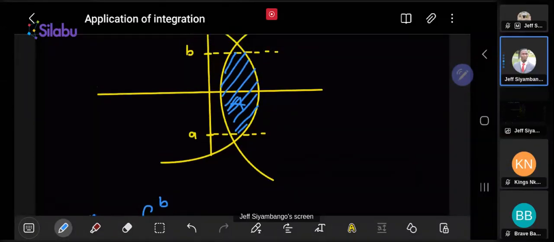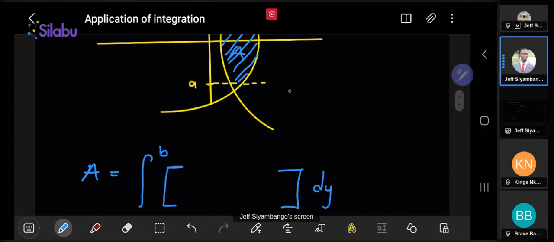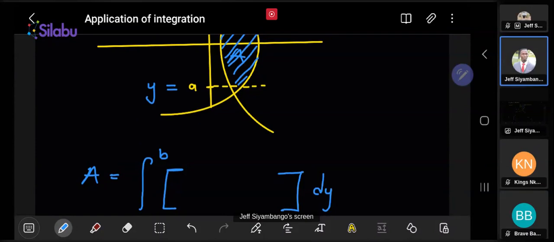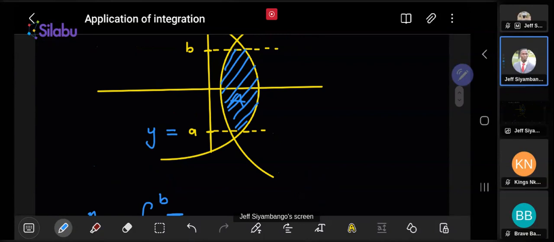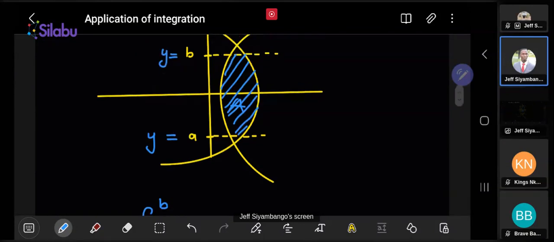Y becomes the key variable there. So we are integrating with respect to y. Here A is actually a value of y. You're changing from y equals A to y equals B. That is how our limits are being controlled, and then of course the functions.